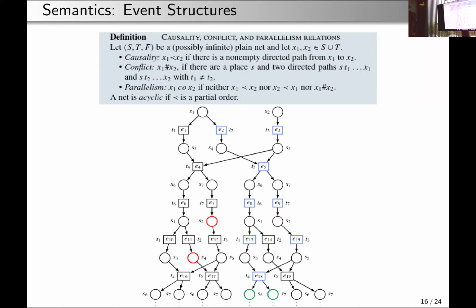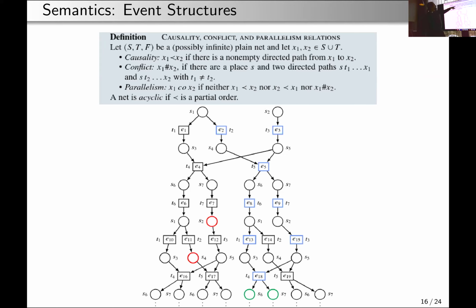And one particular instance is about event structures. And there's a very natural transformation from this kind of unfolding semantic representation into an event structure.